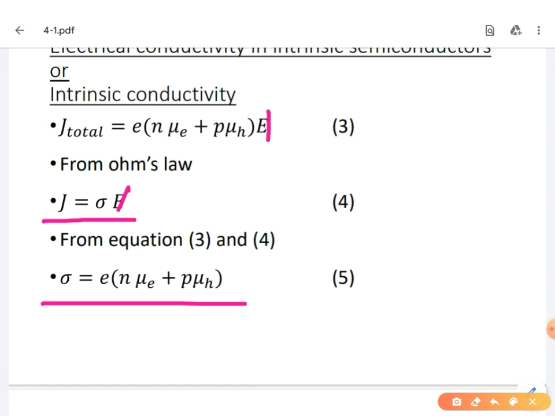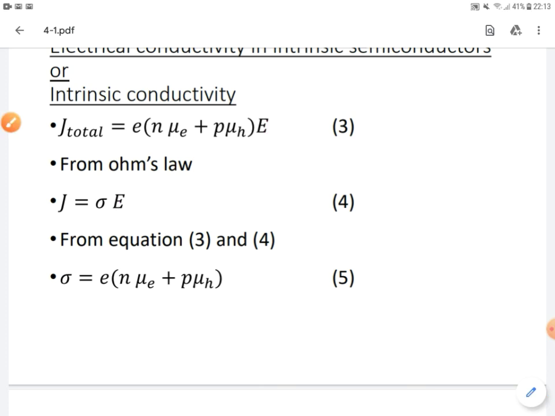In that expression, small e denotes the charge of the charge carrier, n denotes electron concentration, mu suffix e denotes electron mobility, p denotes hole concentration, and mu suffix h denotes the mobility of holes.